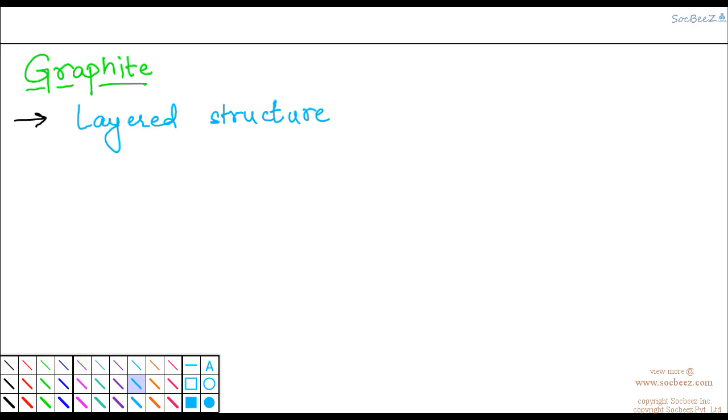This means there are layers of graphite. Let me draw the structure for you.